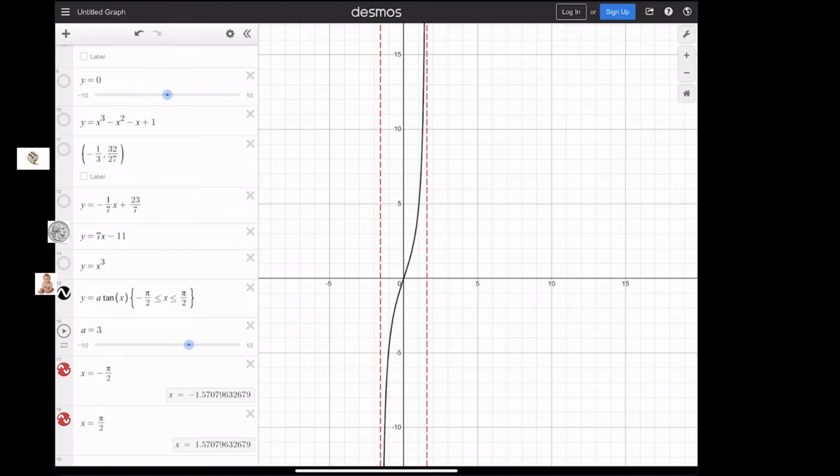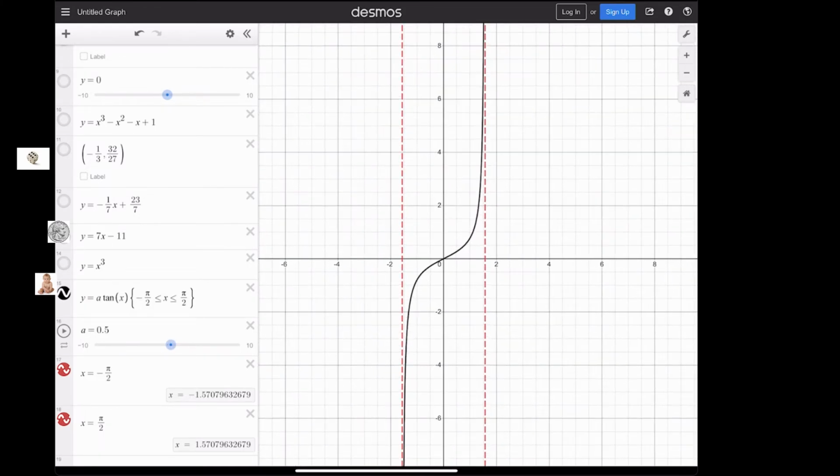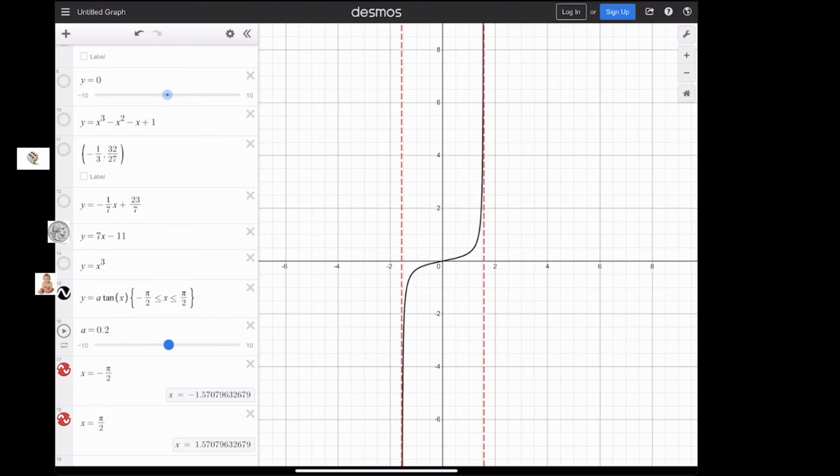If I scroll out, it just gets sharper, it doesn't get as close to the vertical asymptote. Can I get a fraction? Yeah, what happens when A is a fraction? Notice this. These are fractions. This is how the value of A changes. We just have to sketch this curve.